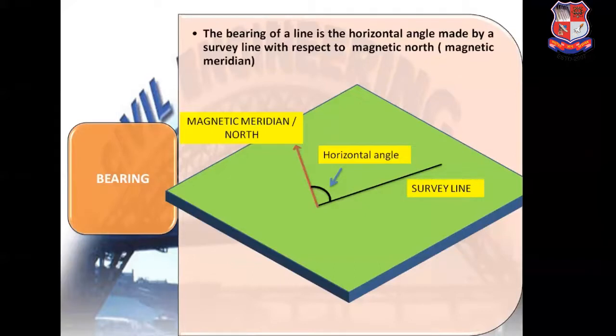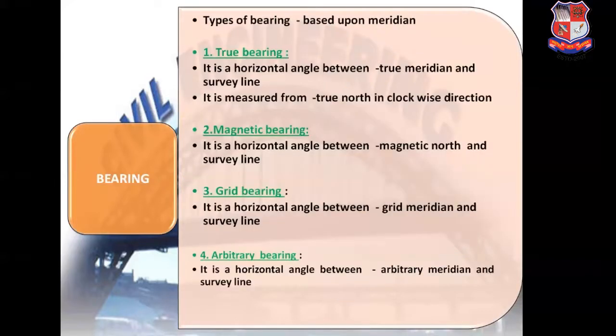There are four types of bearing based upon the meridian. First one is the true bearing. True bearing is the horizontal angle between the true meridian and the survey line. It is measured from the true north in the clockwise direction. Second is the magnetic bearing.